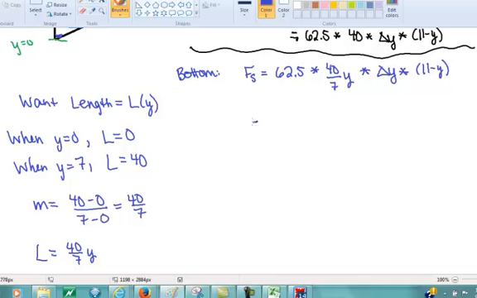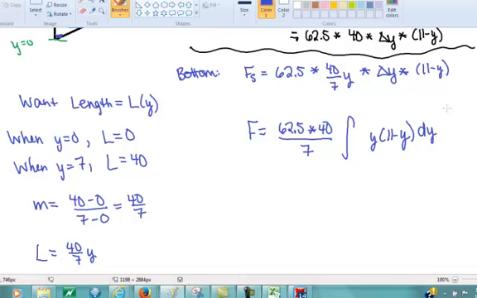And so the total force is just the integral. So we can bring out all of the constants. Well, I guess that's just 62.5 times 40 over 7. And then our integral will still have a y, and 11 minus y. The delta y becomes dy, and now we have to say the limits on our integral.